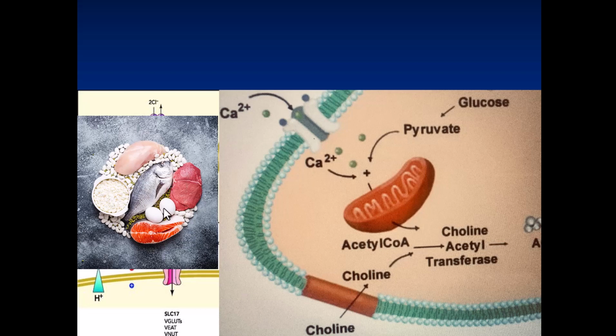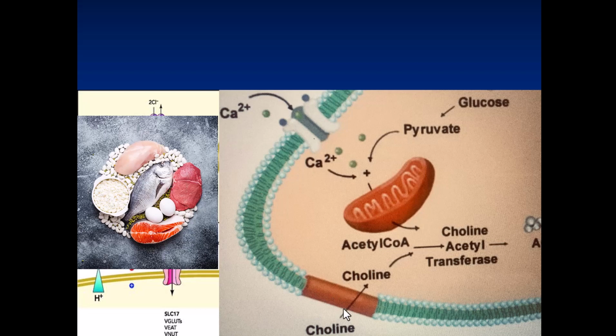Choline is present in most foods, especially those foods which contain protein, and these cholines are taken up by transporter channels present on the neuronal membrane.